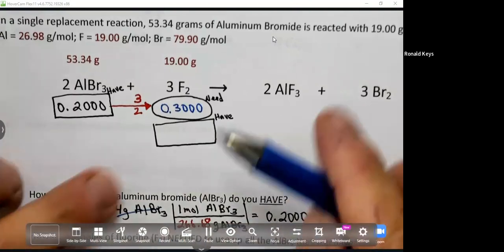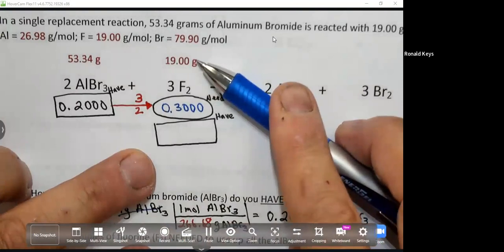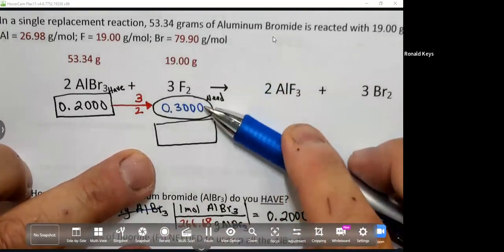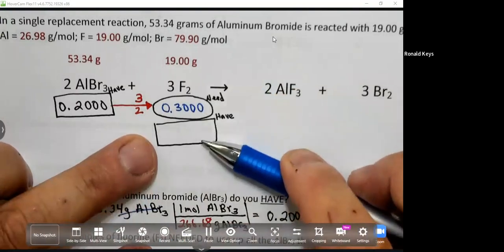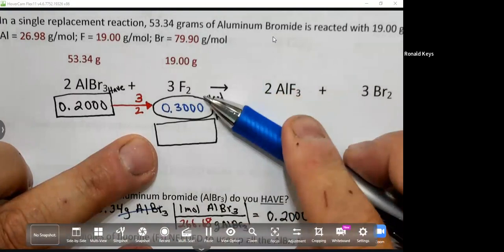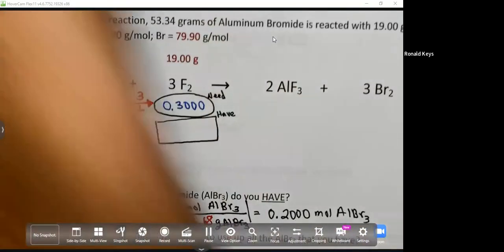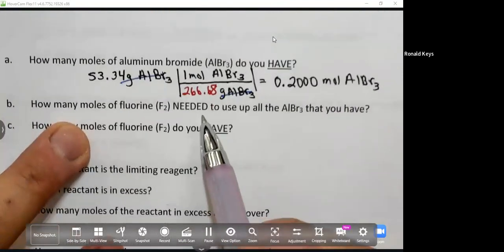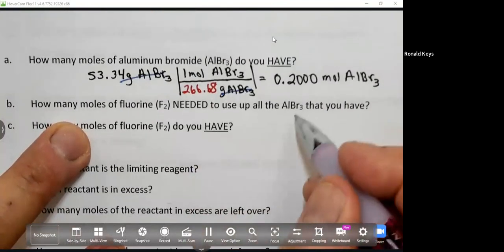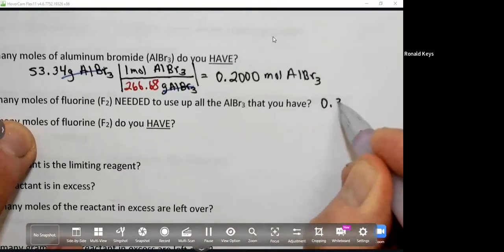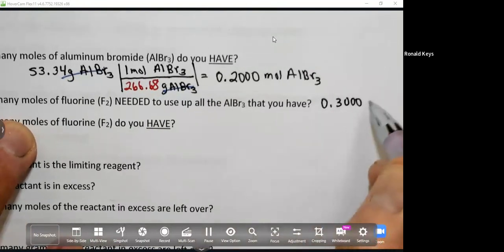We're going to take our 19 grams to see if it's higher or lower than this. If it's higher than the 0.3 moles, it's in excess. If it's lower, this one's going to be limiting. So we answered B. How many moles of fluorine needed? This right here is 0.3000 mole of fluorine.